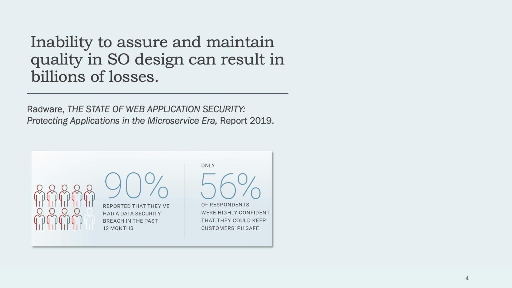They found that 90% of these participants reported that they had a data breach in the last year. Further, 56% of the respondents were highly confident that they could keep the data of the customer safe. So in other words, the professionals responsible for keeping your data safe feel like they're doing this job with the probability of a toss of a coin.